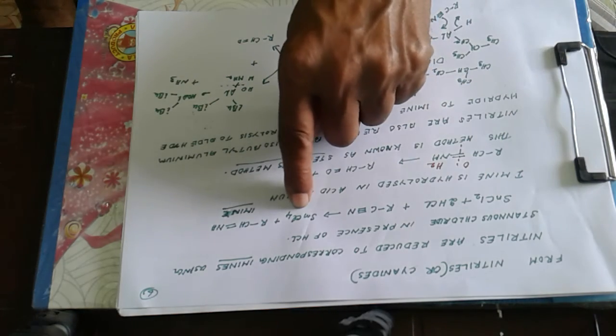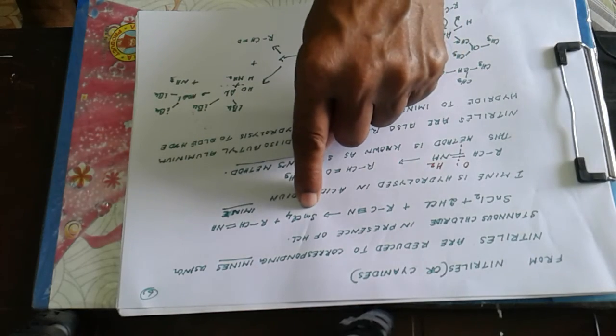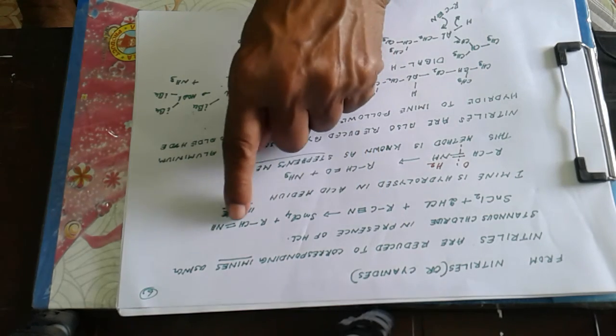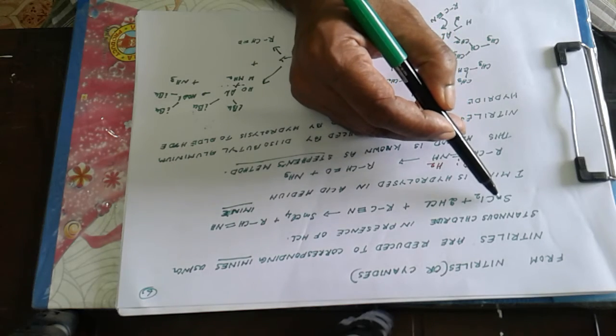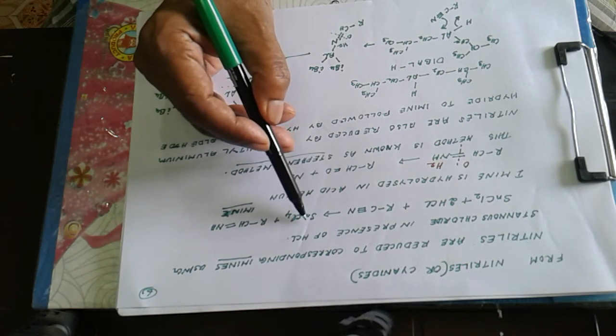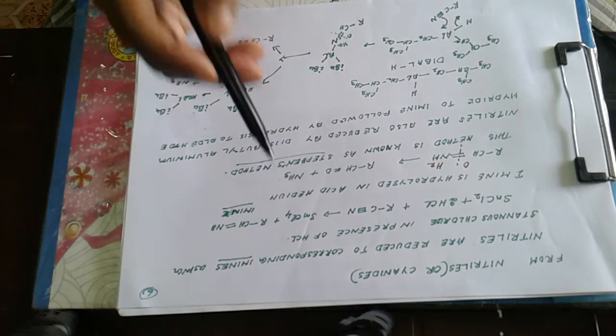Now stannous chloride is getting oxidized to stannic chloride. Here the oxidation state is +2 and here the oxidation state is +4, so that this cyanide is reduced to an imine. Now the oxidation state of tin in stannous chloride is +2 and the oxidation state of tin in stannic chloride is +4.